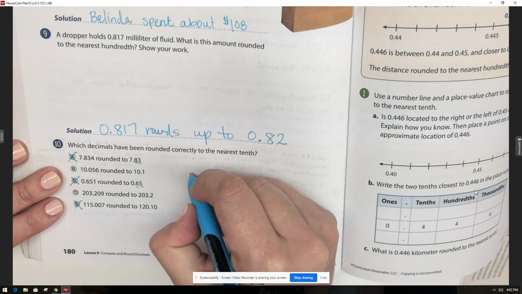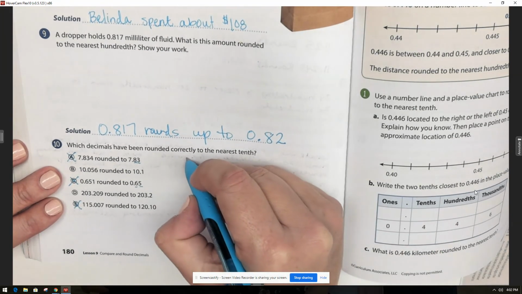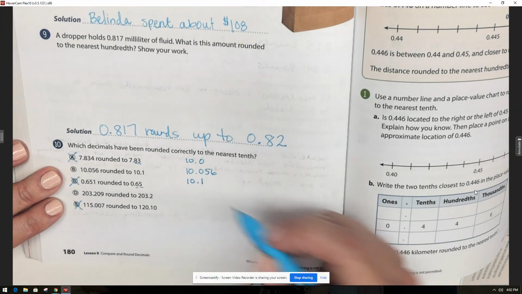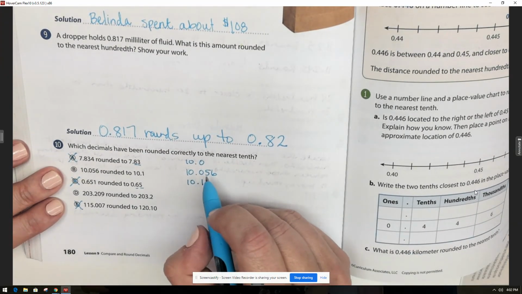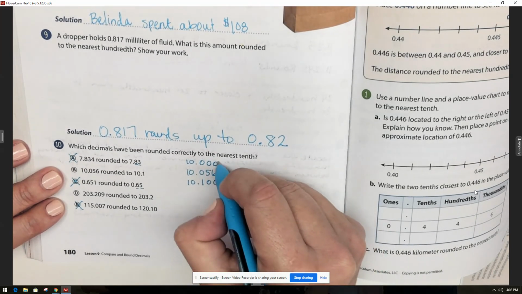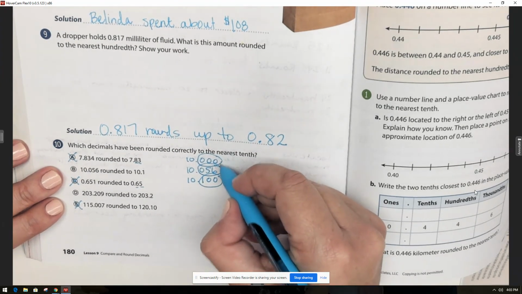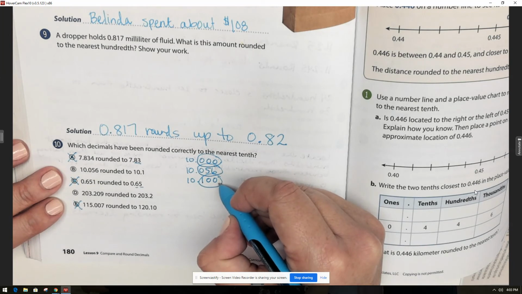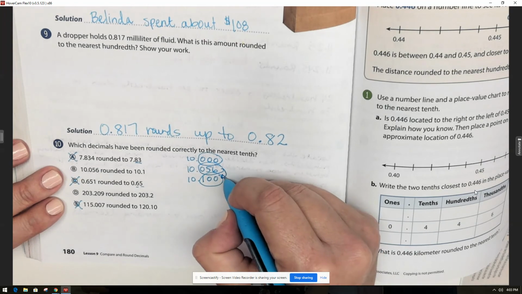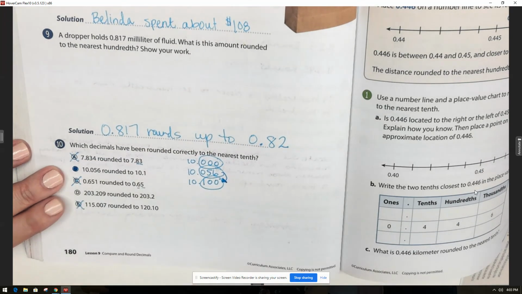Well, 10 and 56 thousandths is between 10 and 0/10, and 10 and 1/10, but then we need to put in our placeholder zeros and then look at the whole number. Is 56 closer to 0 or 100? That's right, it's closer to 100. So it's going to round up to 10 and 1/10. So that answer is true.